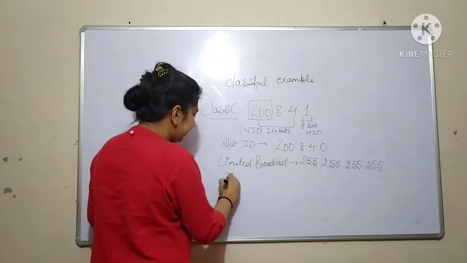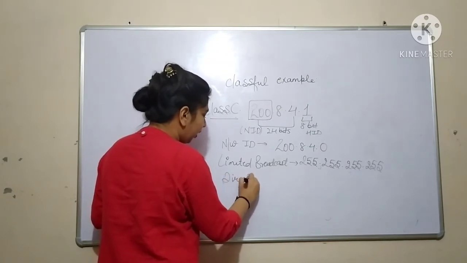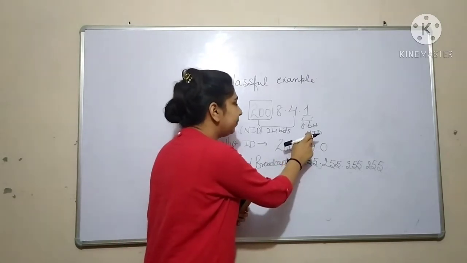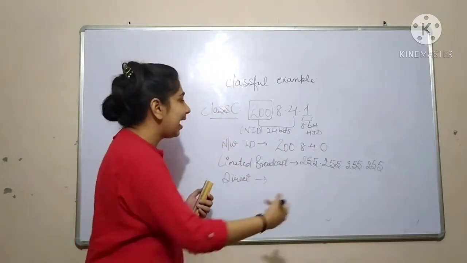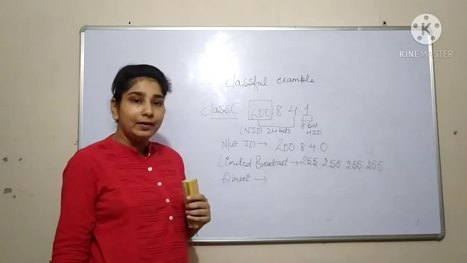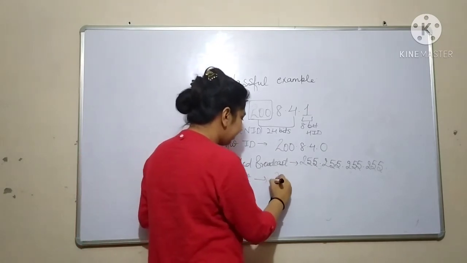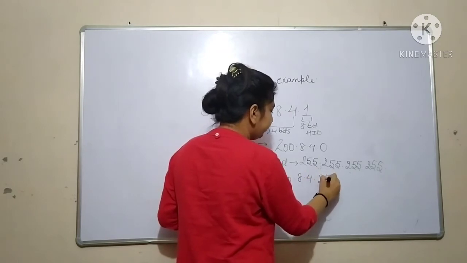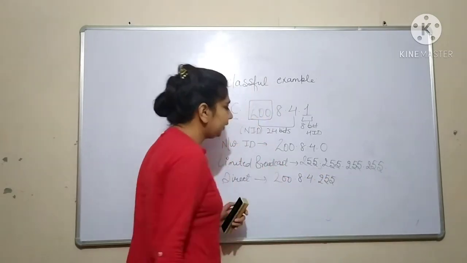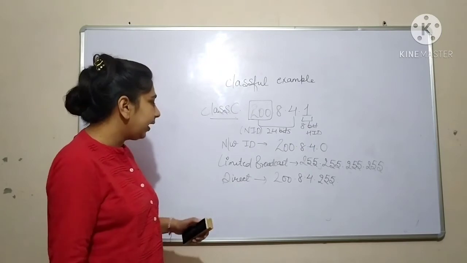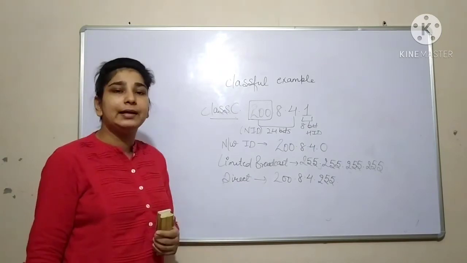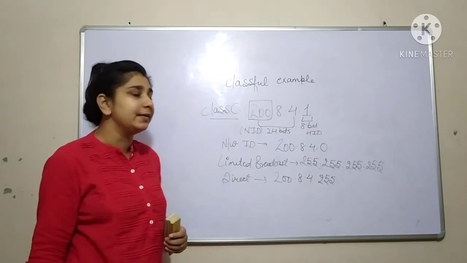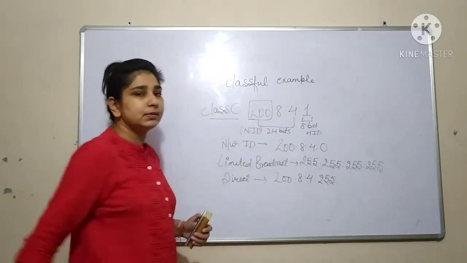Next we have direct broadcast address. How we will be finding out? Put all ones in the host ID part. Put all ones in the last 8 bits. So what is going to be the direct broadcast address? 200.8.4.255. Like this. Okay. So this is how we can calculate the network ID, limited and direct broadcast address if you are given any address.